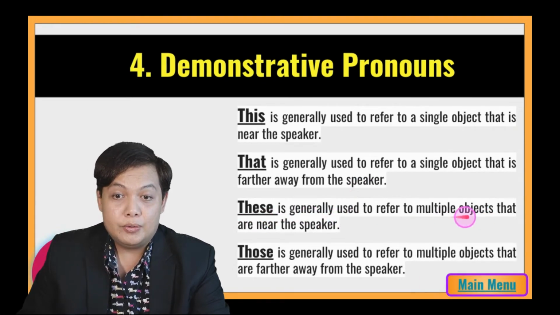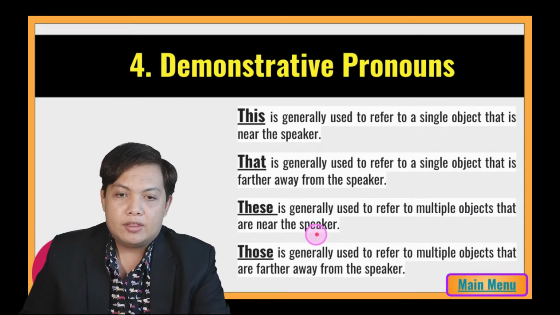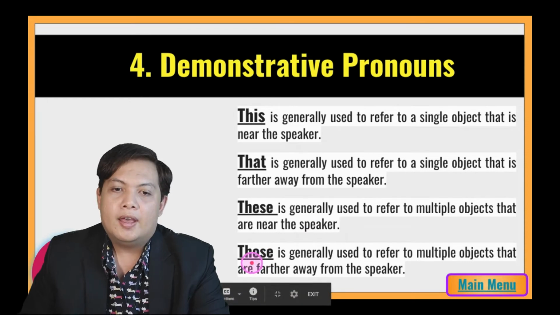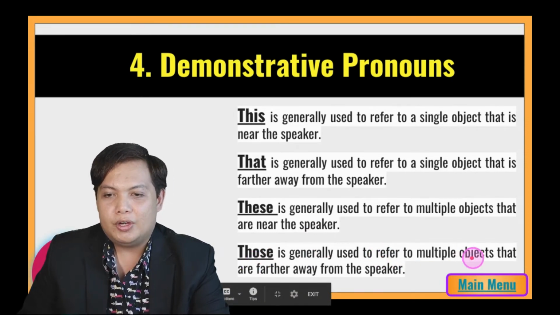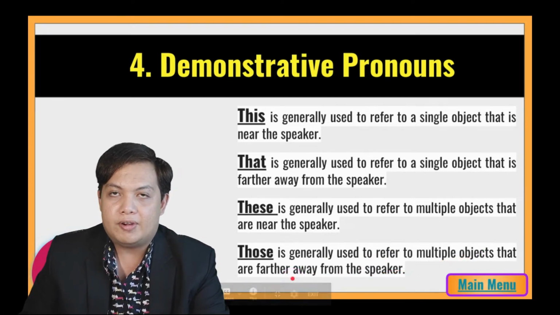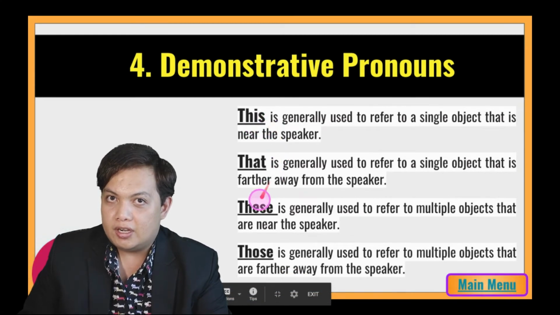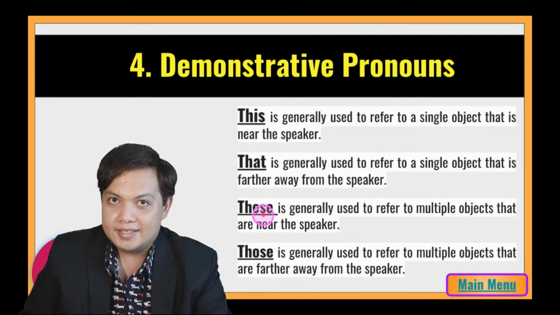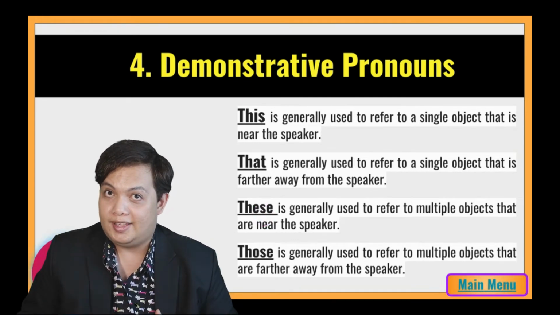Now, these is generally used to refer to multiple or plural objects that are near the speaker. How about those? Those is generally used to refer to multiple objects that are farther away from the speaker. So basically, this is for a singular object and these is for plural objects, both closer to the speaker.